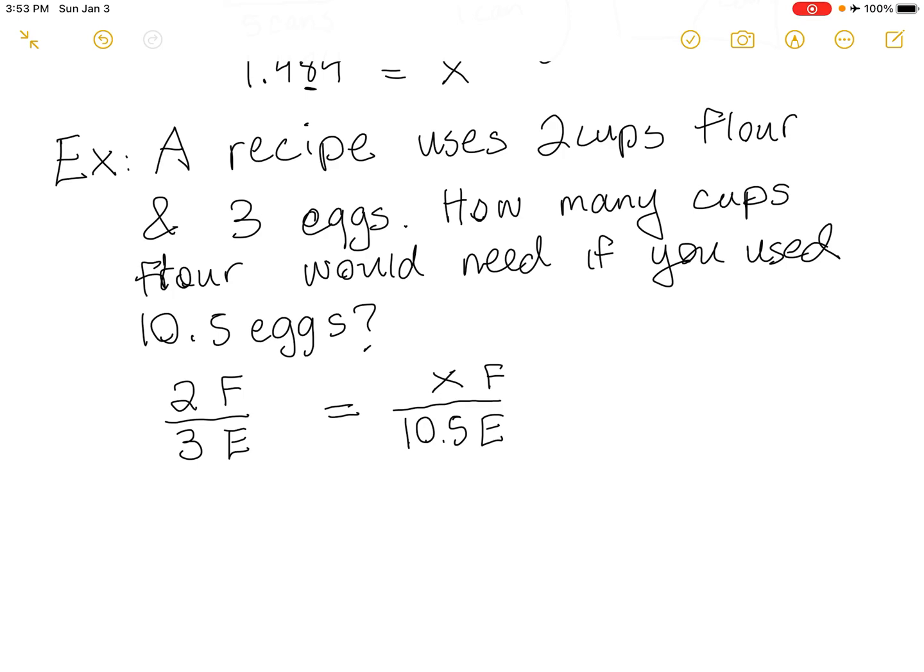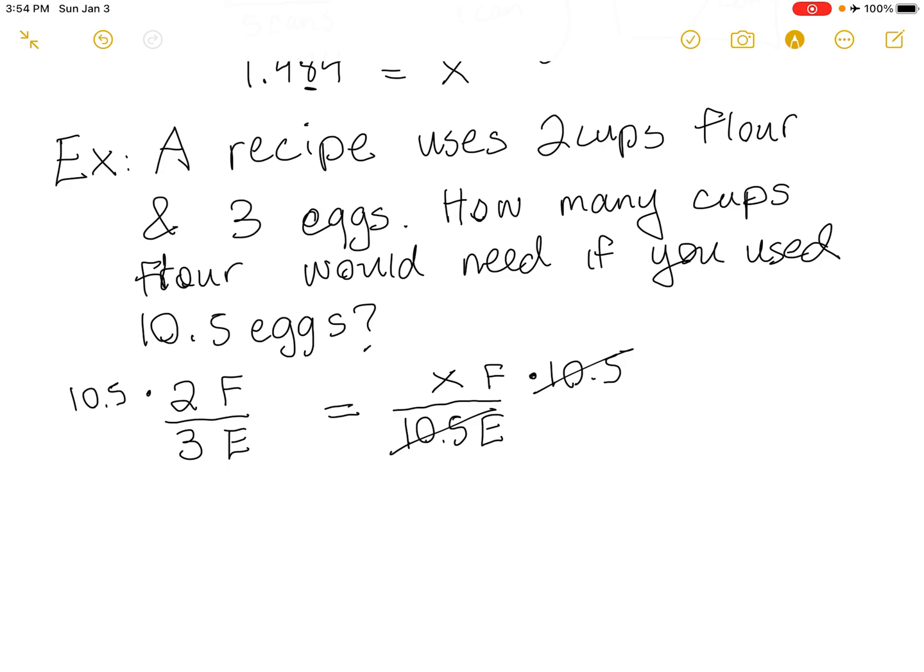Now, I could have set this up using the eggs in the numerator and the flour in the denominator, that would be fine. But then I'd have to flip it on the right as well, right? So the eggs would have to be in the numerator on the right side and the flour would have to be in the denominator, okay? Now, to solve, I'm dividing the x by 10.5. So to undo that, I need to multiply both sides by 10.5.